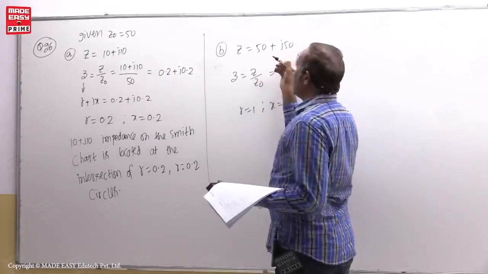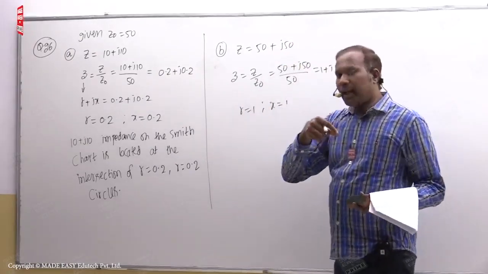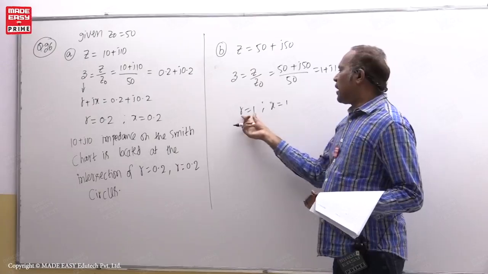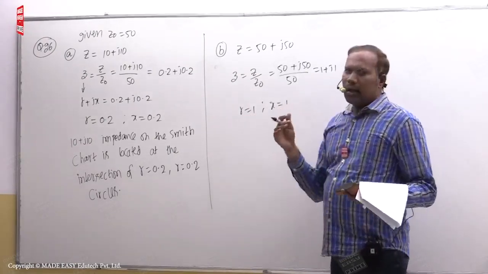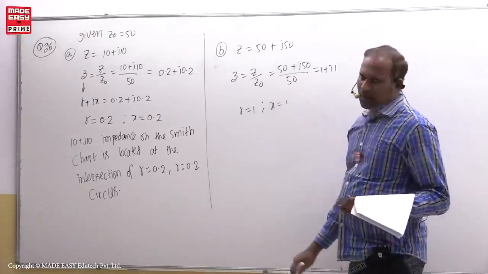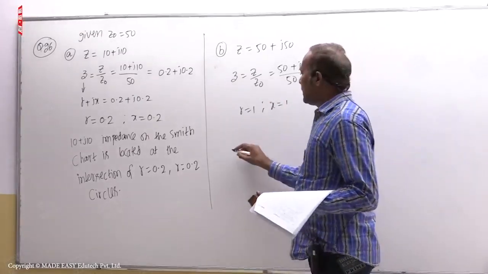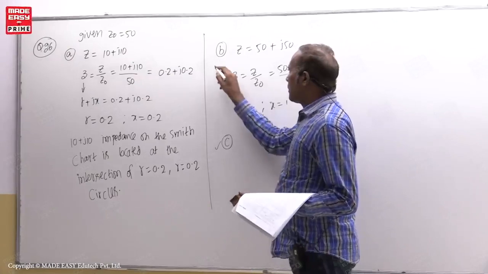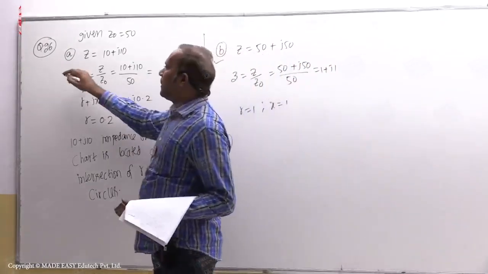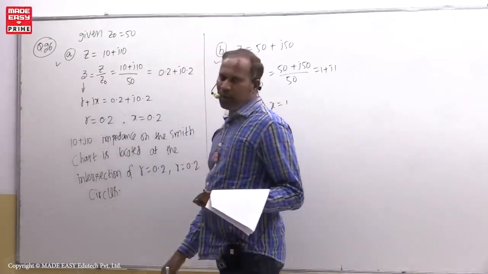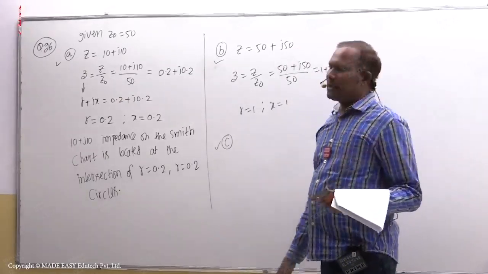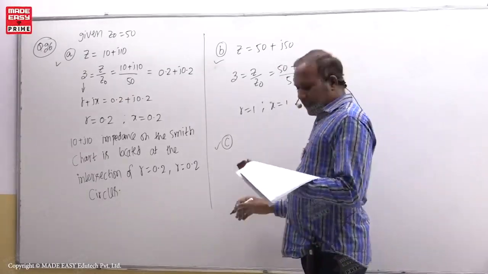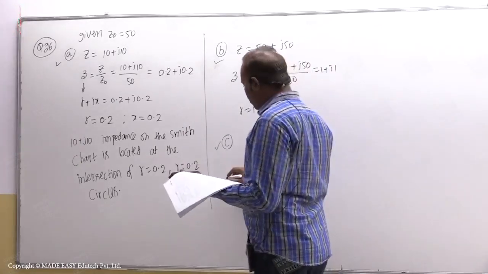So this 50 plus j50 is located on the Smith chart wherever the constant r circle 1 and constant x circle 1 join. So that is also a correct answer. So B, C are also correct answers. This can be asked in multi-select questions also. Which one of the following locations are correctly represented on the Smith chart? A, B, C are correct. Then D option is wrong actually.